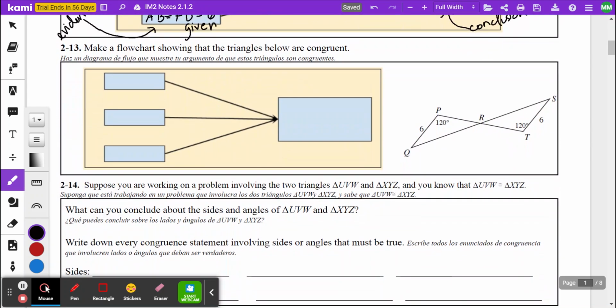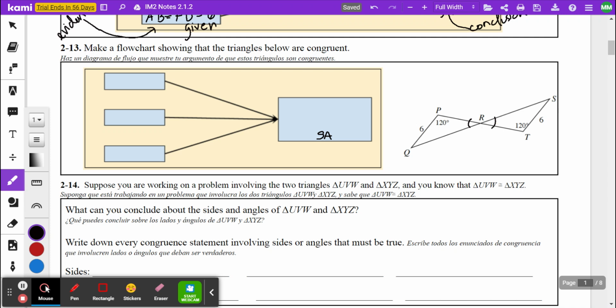Okay, 2-13. Make a flowchart showing that the triangles below are congruent. Well, if they're congruent, they have to have a congruence theorem. I have a side and an angle in sequence. Side, angle. What's next? In sequence, I have another angle.